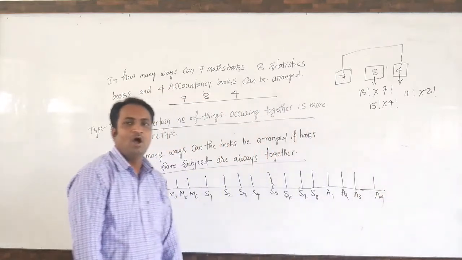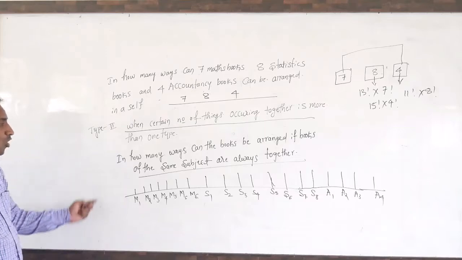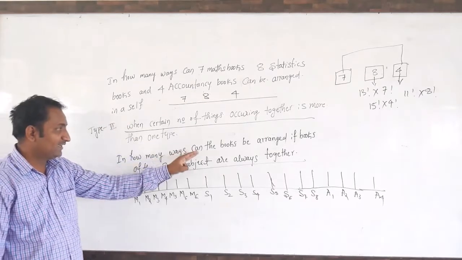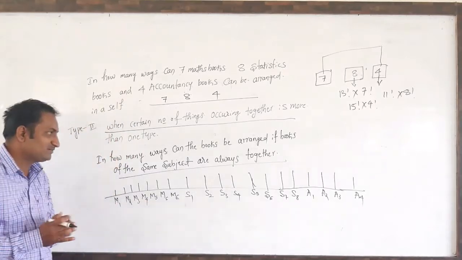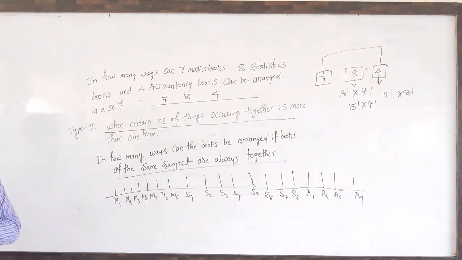Here the question is in how many ways can the books be arranged if books of the same subject always occur together?